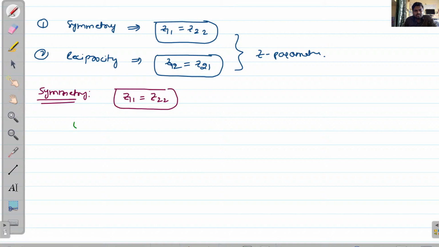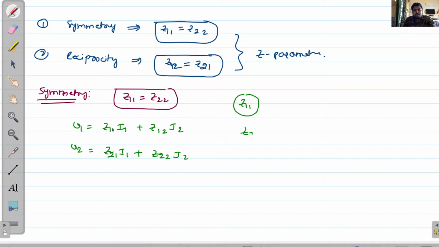First you take the expressions: V1 equals Z11 I1 plus Z12 I2, and V2 equals Z21 I1 plus Z22 I2. These are the two expressions. If I want to evaluate Z11 and Z22, after that I will make both equal. That is our symmetry condition, right?